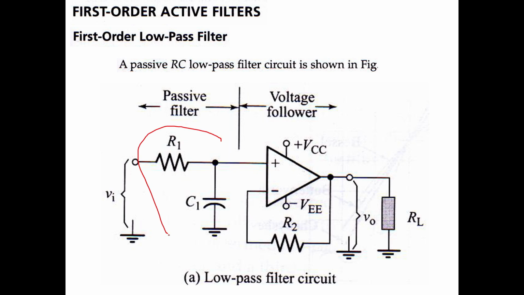This R1C1 forms the passive low pass filter, followed by a voltage follower made up of an operational amplifier. So this forms the first order active low pass filter.